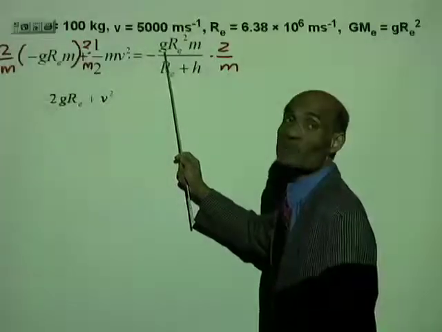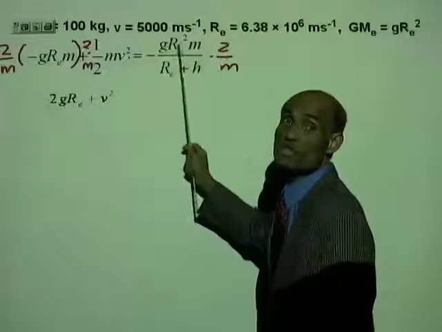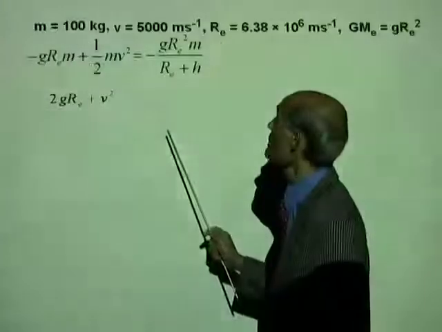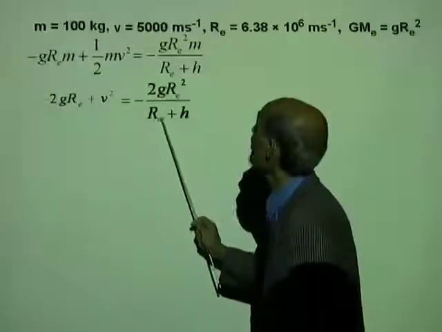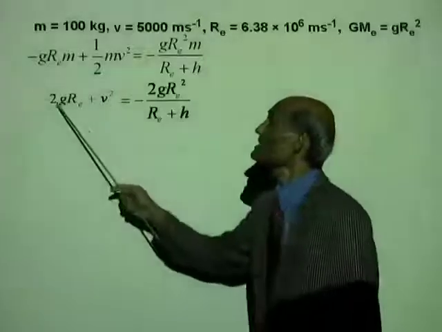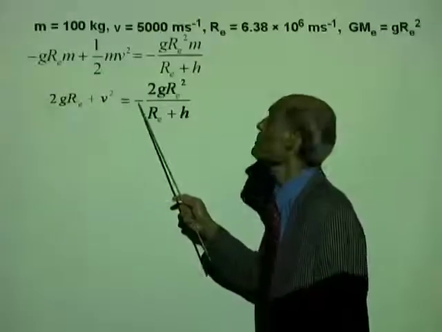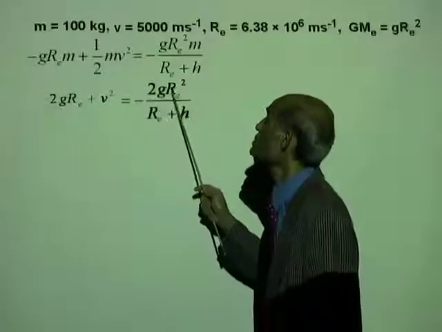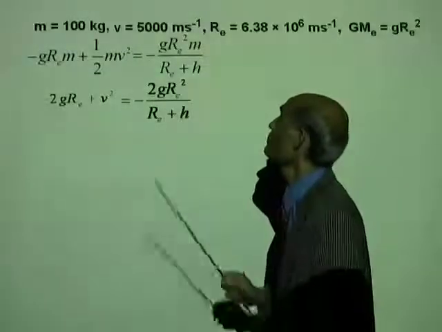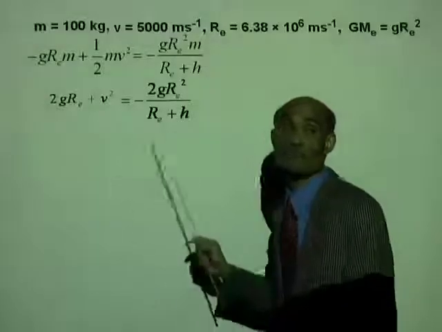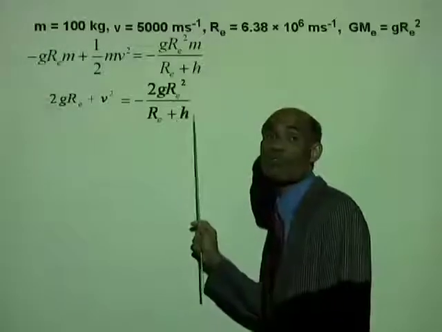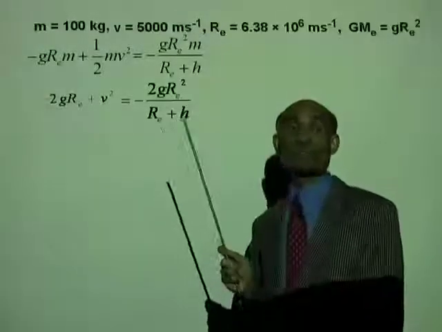The numerator will be 2 GRE squared, and the denominator is RE plus h. So negative 2 GRE plus v squared equal to negative 2 GRE squared over RE plus h. Remember again, we are looking for h. So what will be your next step?